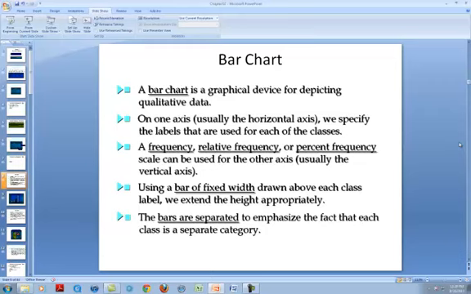In this case, the labels are poor, below average, average, above average, etc. And then on the vertical axis, we delineate the values, whether relative frequency or percent frequency of each category. This is just a matter of aesthetics. Usually bars of fixed width are drawn and the bars are separated. So let's look at the result.